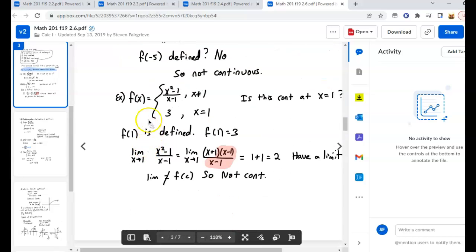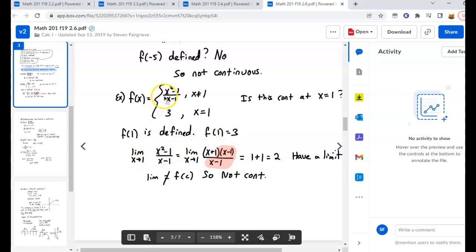Piecewise functions, you do have one extra step you have to go as far as continuity. You can look at your pieces to see when they're defined, but the one question we have to ask is at the crossover point, is the function still continuous here? So this thing's defined everywhere, but f of 1 here was 3.